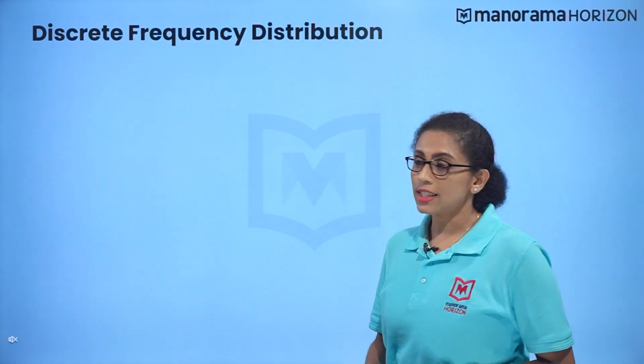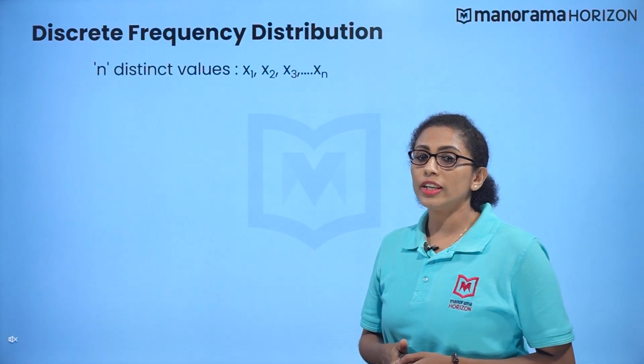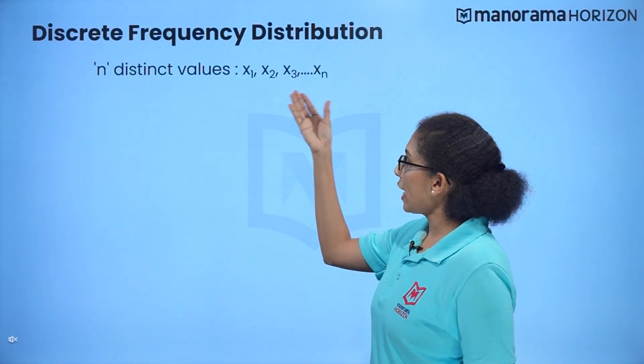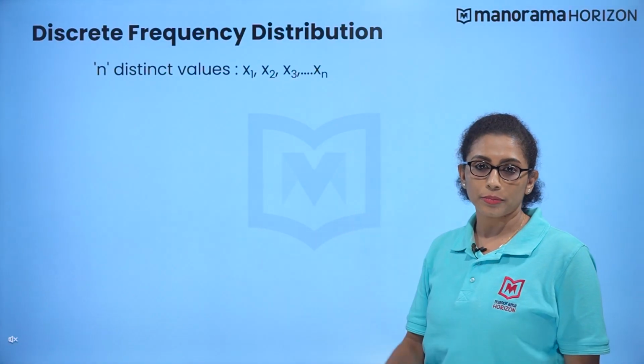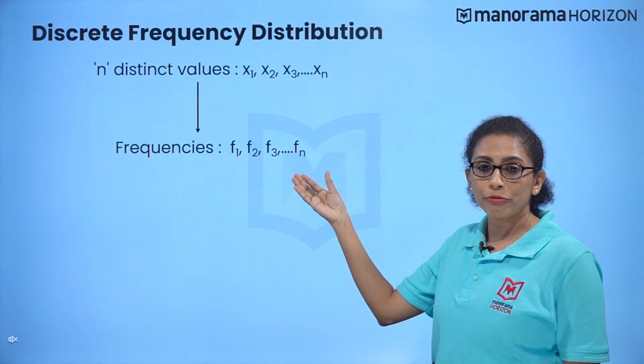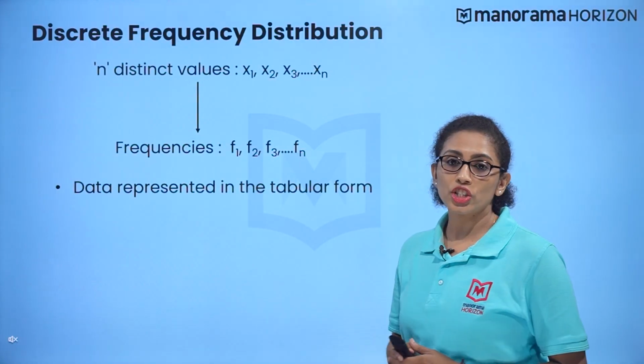Let's now discuss what a discrete frequency distribution is. Let the given data consist of n distinct values, that is x1, x2, x3, up to xn, occurring with the frequencies f1, f2, f3 up to fn. Now let's discuss the mean deviation about mean.